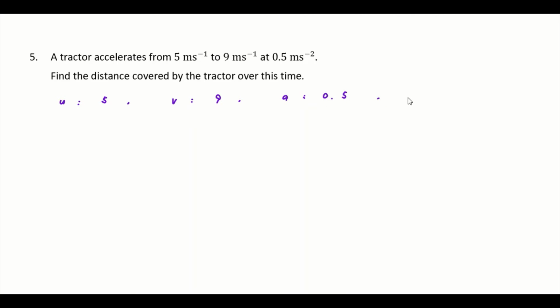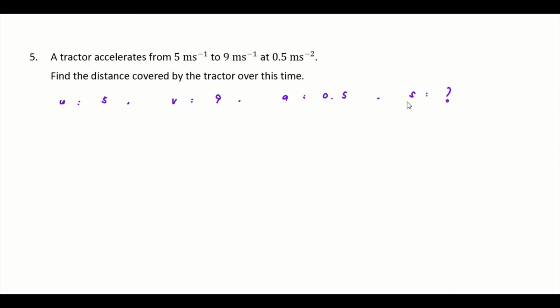What we are finding is the distance, which is s. From the previous formulas, we didn't touch the formula that connects u, v, a, s and t together, so we might need to use the basic formulas to solve this.